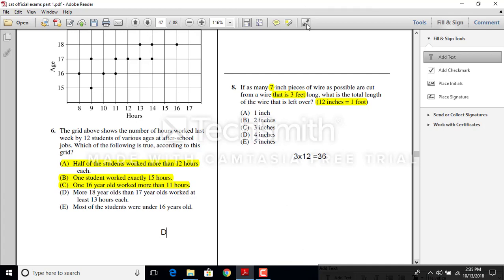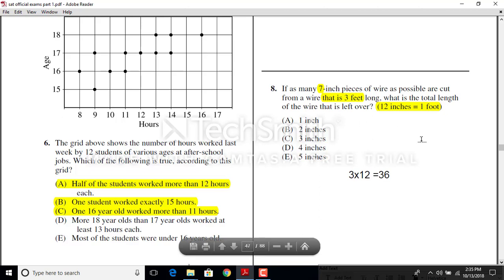Fine. Number 8. If as many 7-inch pieces of wire as possible are cut from a wire that is 3 feet. Fine. Let's imagine we have a wire with length 3 feet, and here we are talking about 7 inches.